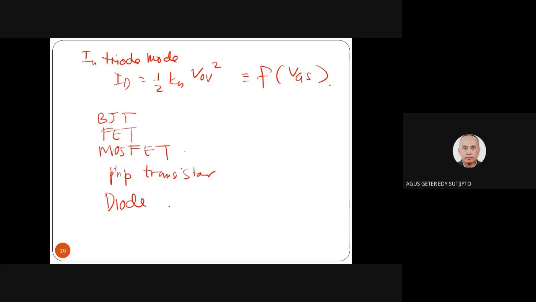So up to now we have five semiconductor devices that we can fabricate on the silicon wafer, in nano order.